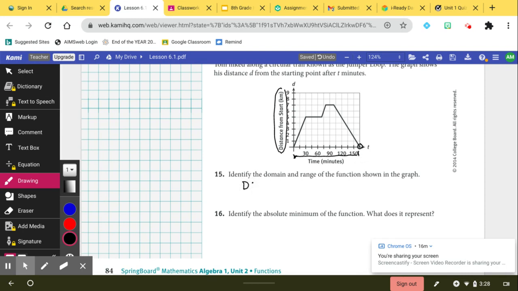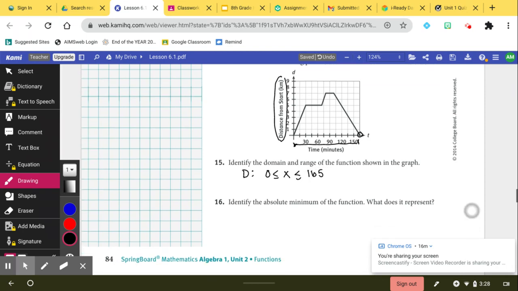So the domain would be 0 is less than or equal to x, which is less than or equal to 165 minutes. And then the range would be his distance from the starting point. Well, he starts at the starting point, and then he gets as far as 7 miles or kilometers away from the starting point. So my range would be 0 is less than or equal to the distance, which is less than or equal to 7.